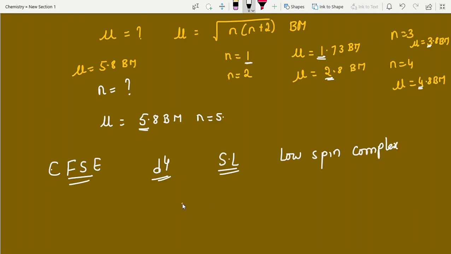Now, what is the configuration? t2g4 and eg0. Then crystal field stabilization energy equal to, what is the value, students? Minus 2 by 5 into t2g plus eg into 3 by 5.